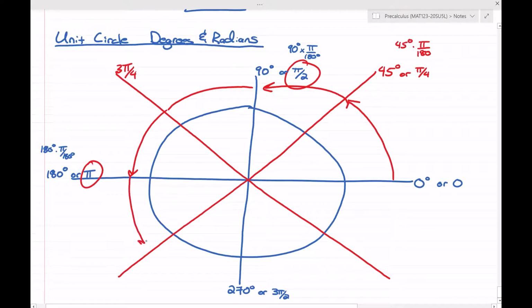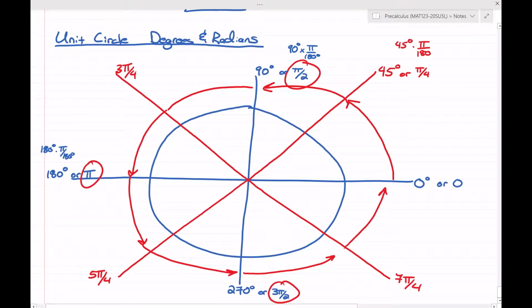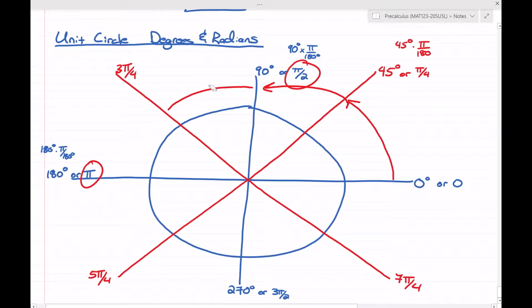This would be 5 pi over 4. This would be 6 pi over 4. This would be 7 pi over 4. And then 8 pi over 4 would just be 2 pi or 0. So you can see quickly how we can get the radian measure of angles.